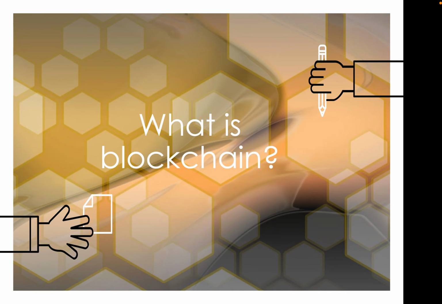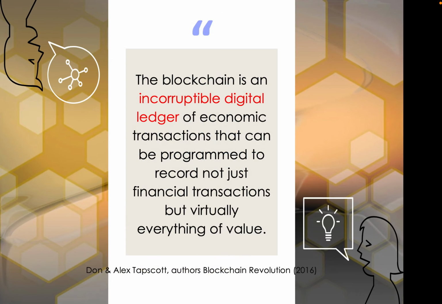So what is a blockchain? To put it in a short way, a blockchain is an incorruptible digital ledger. Ledger in Chinese is 账本. So it's a digital ledger and it's incorruptible.